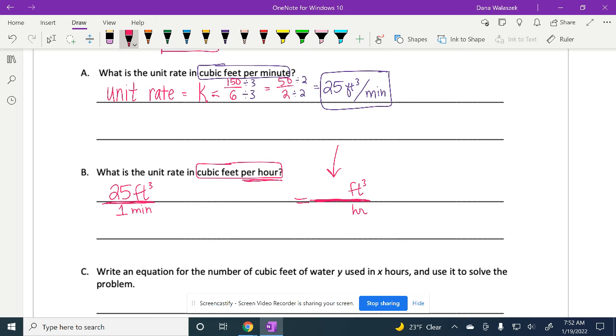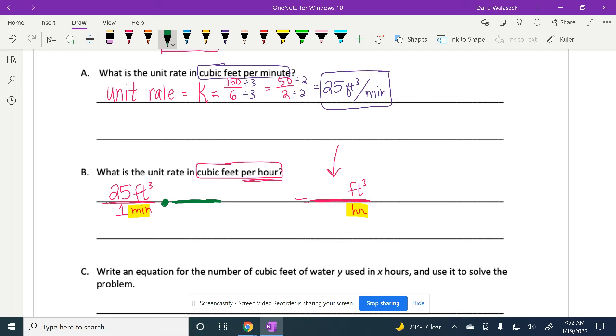So I need to convert from minutes into hours, which means I'm going to multiply by a conversion factor. And my conversion factor is always going to be a ratio or a fraction that has equal amounts.